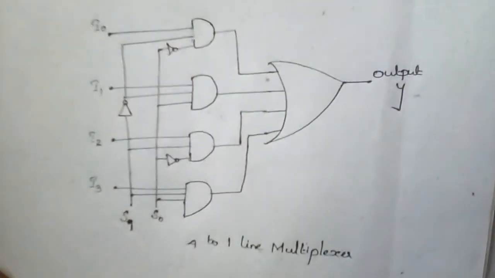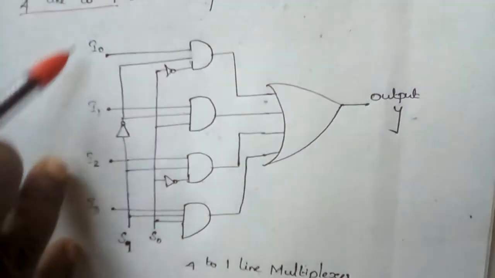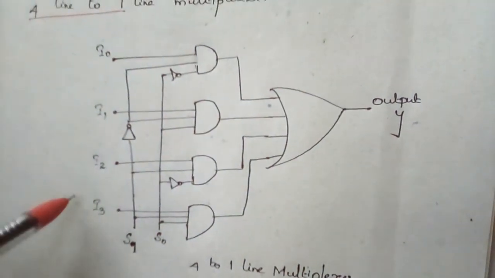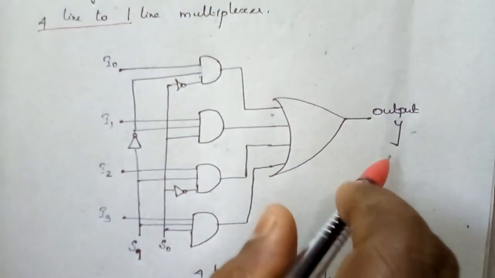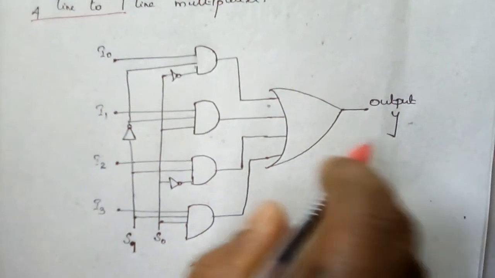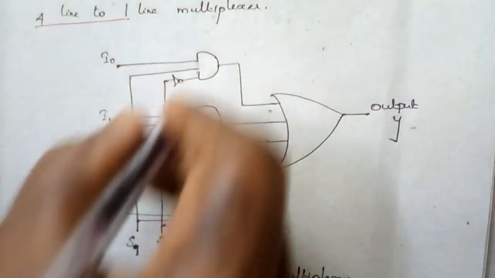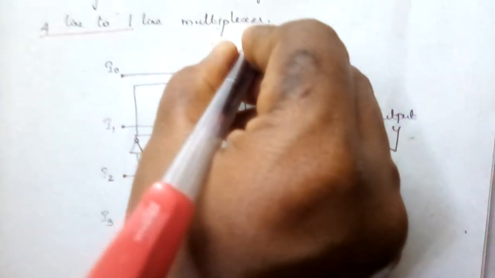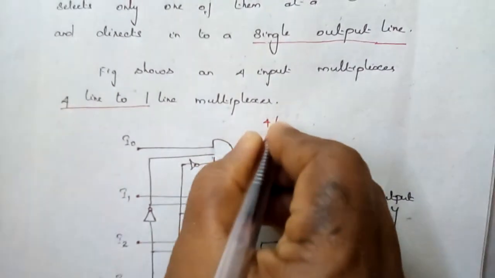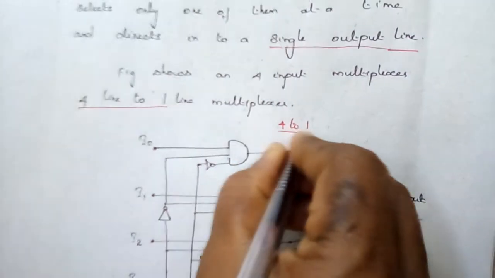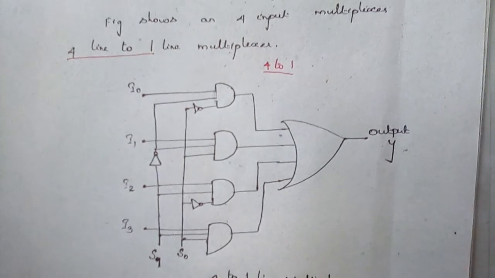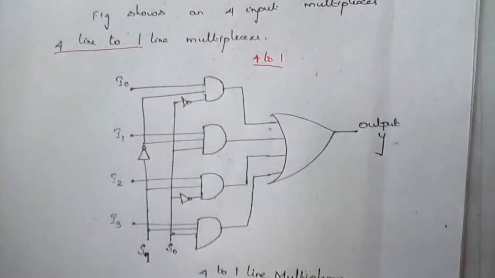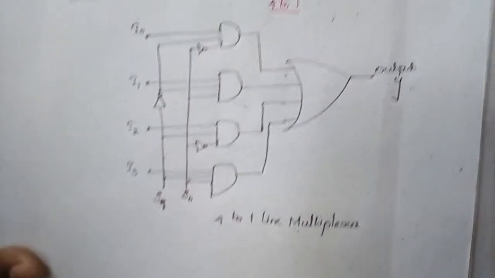So I mentioned the inputs as I0, I1, I2, I3 and I have the output as Y. By this, we are able to know that this is 4 to 1 multiplexer. That is nothing but it has the 4 inputs and 1 output.